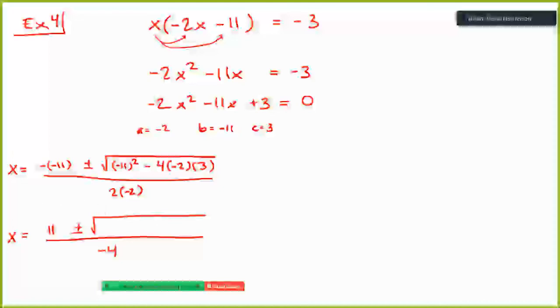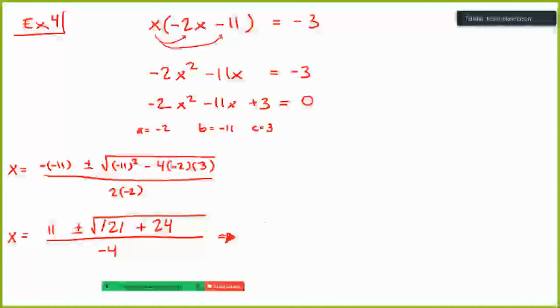All right, now negative 11 squared is going to be positive 121. Okay, then minus 4 times negative 2 times 3: negative 4 and negative 2 multiplied together make a positive, so we get 24. And that 24 is 4 times 2 times 3. Okay, not too bad. Let's continue.